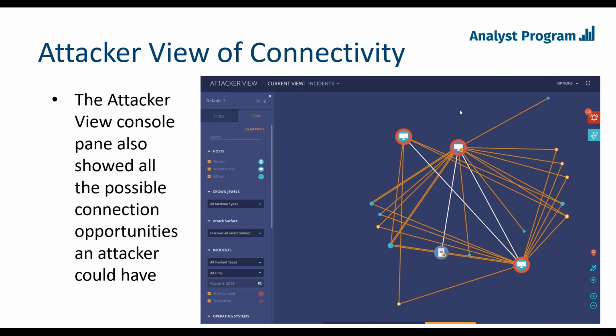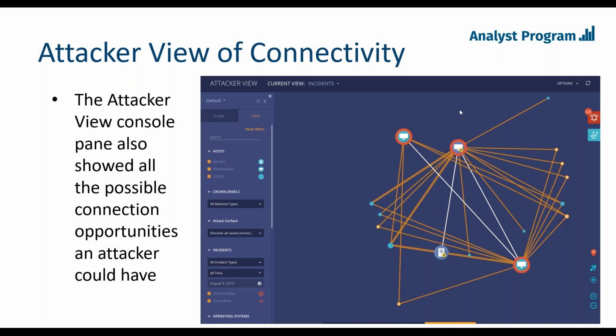And that's exactly what you see here, at least in one view. So the attacker view console shows us connection opportunities. And again, this goes back to the what-if scenario. Who could possibly connect to what and where? And using what sort of network avenues and services to get there in the first place. So this is just the starting point. Now you'll see, of course, this is just a big picture on the screen, but as with any good visualization engine, it can be drilled into pretty readily.